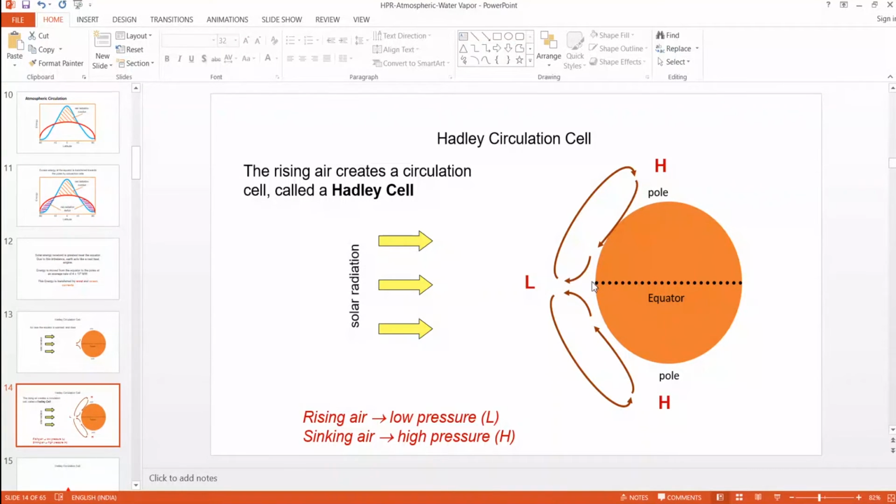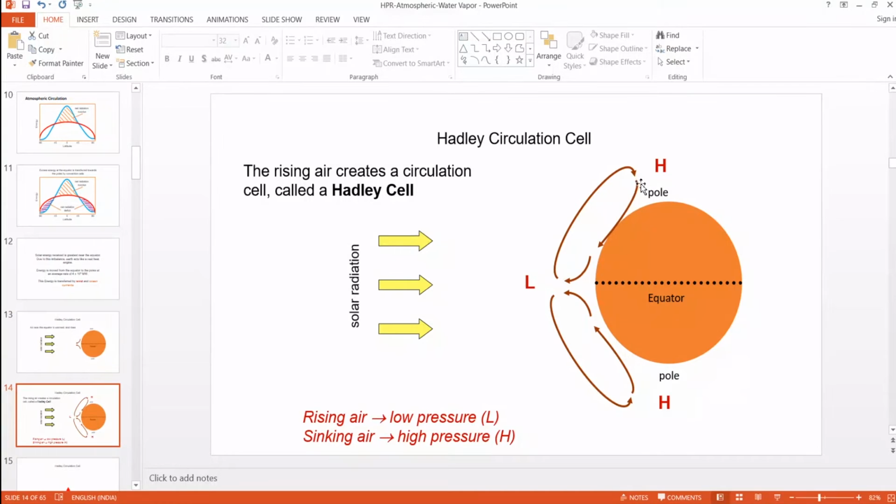The air at the equator, because of the greater amount of solar energy available there, heats up quickly and then moves up, because as air warms up, it becomes lighter and lighter, so it moves in the upward direction. Here the air moves to higher altitudes, cools down, then goes back toward the poles.